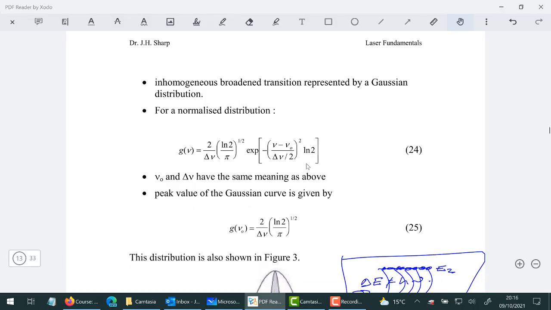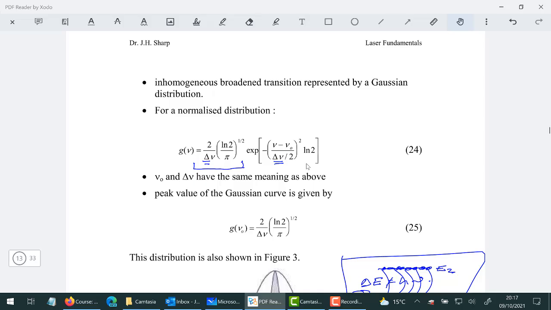We have a Gaussian distribution, so an e to the minus something squared over a constant is our standard Gaussian distribution. We have our line width again, and again we have a normalizing factor at the front here, so that when we integrate the area under that curve, it equals 1.